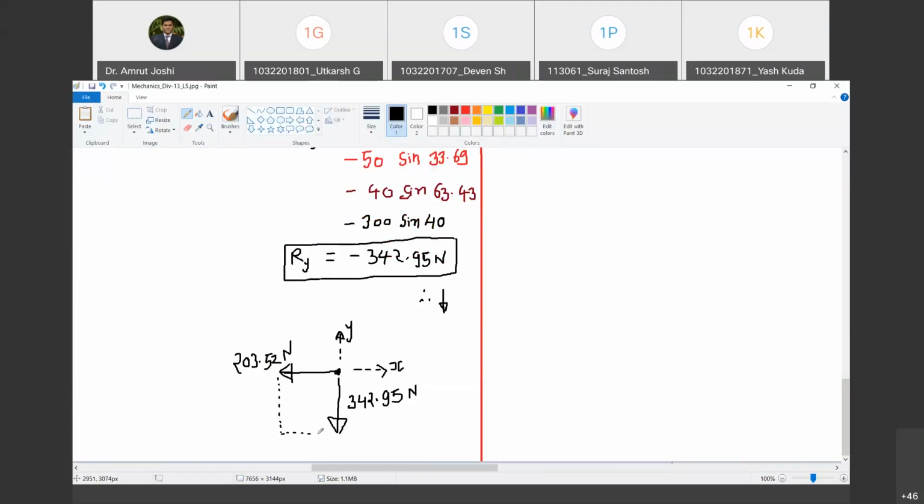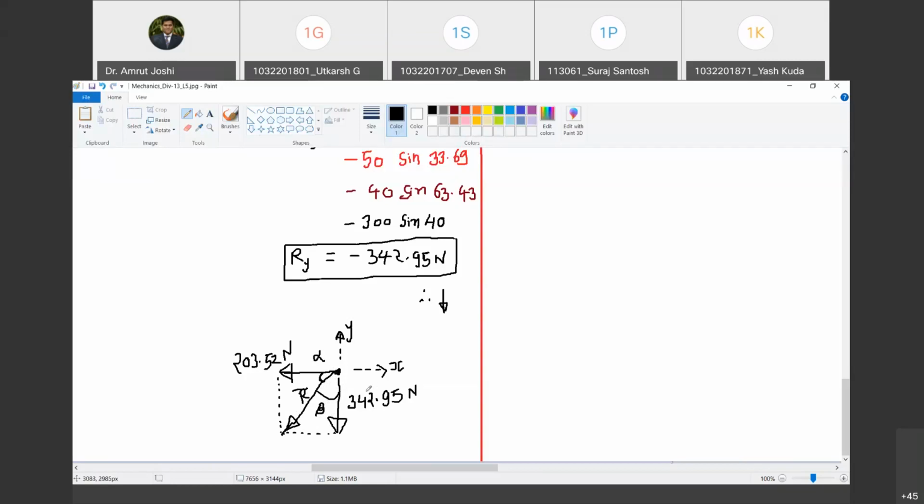Do you agree with me? Yes, sir. So the resultant is going to look something like this. Happy? Yes, sir. This is the resultant R bar. The angle that this resultant makes with the x-axis, let us call it alpha. And the angle that it makes with the y-axis, let me call it beta. Happy?